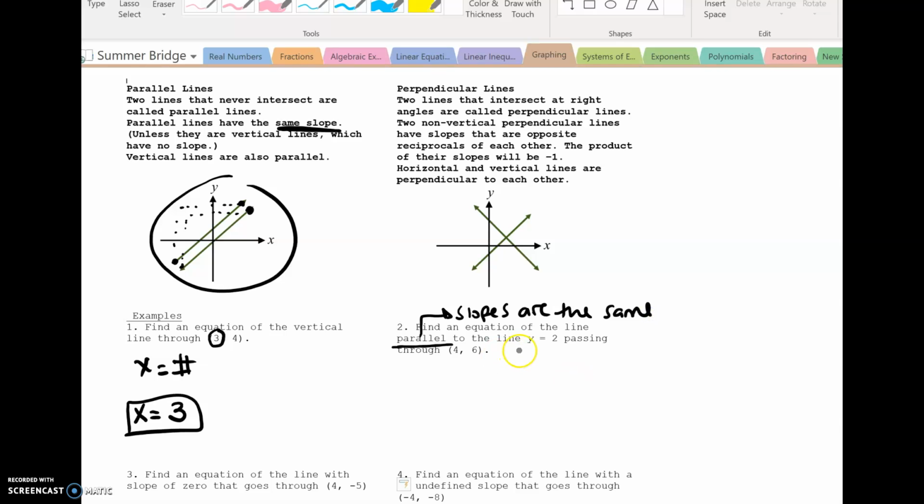Okay, well, what's the slope of the line y is equal to 2? Well, y is equal to 2, that is a horizontal line, and it's going to have a slope equal to 0, which means we need another horizontal line, which always has the equation of y is equal to some number.